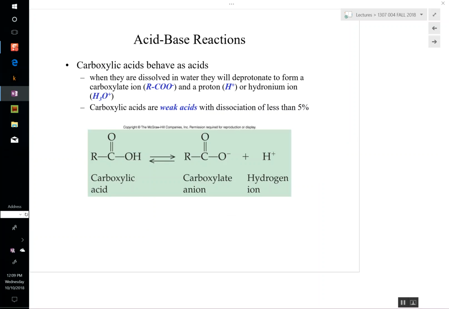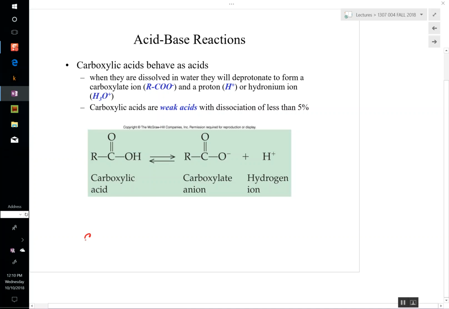Okay, another fairly straightforward reaction. Remember, we're talking about, well, this isn't really a reaction. This is just the dissociation of the carboxylic acid in water. But let's just take a look at it here.